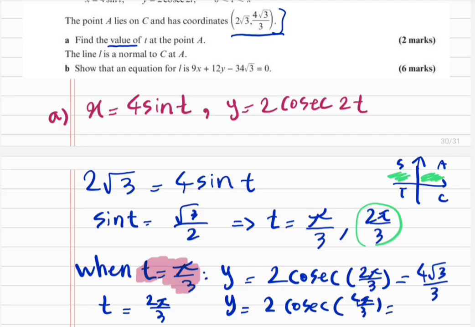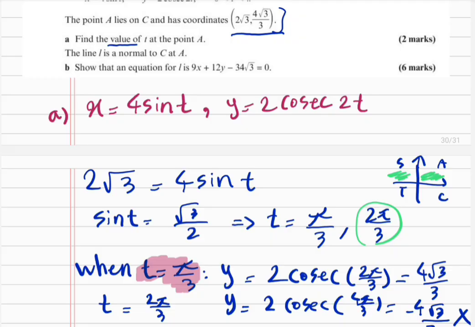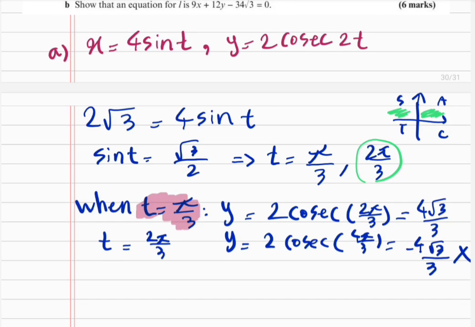Let's see what we get here. And this time we get minus 4 root 3 over 3, which is not what we want, because again the y coordinate is 4 root 3 over 3. So now we have answered part A, and the value of t is pi over 3.